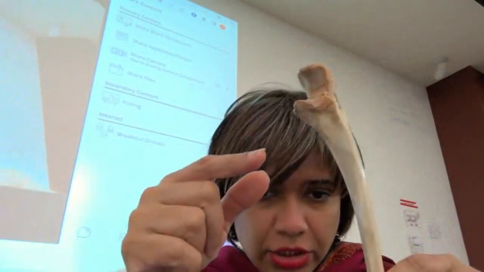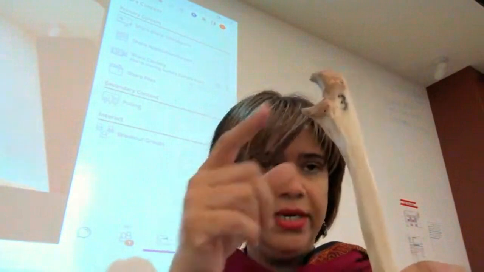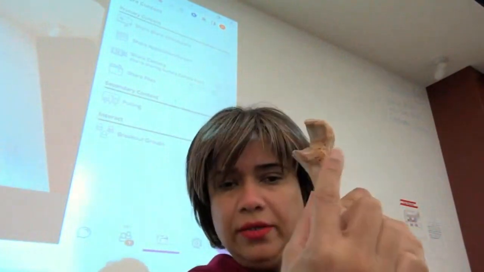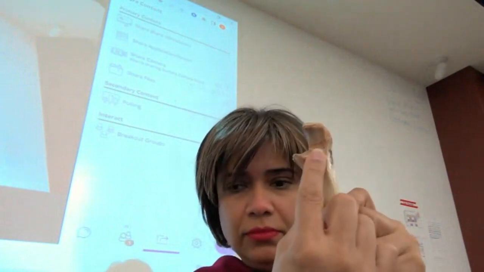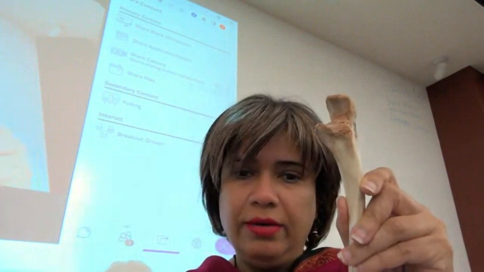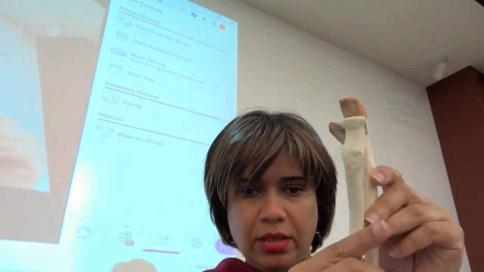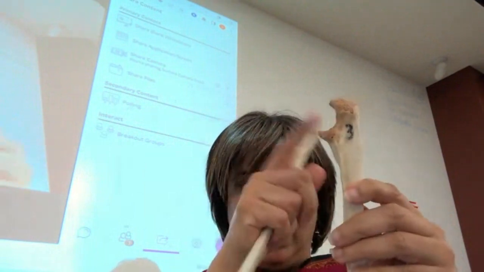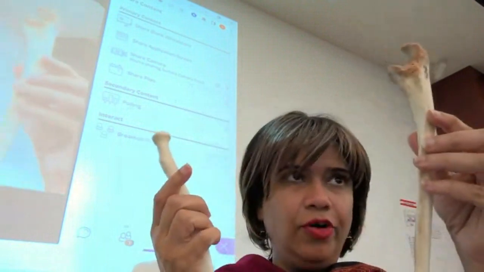So this right here, the flat surface, that is the radial notch. And this is where radius is going to go, right here, in the radial notch on the ulna. And that is all for ulna.